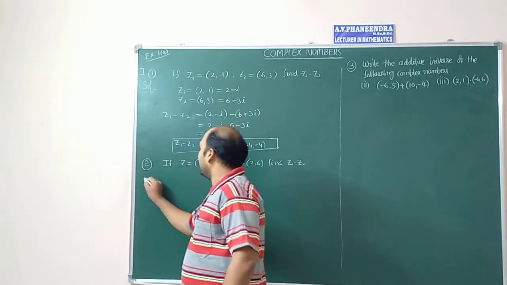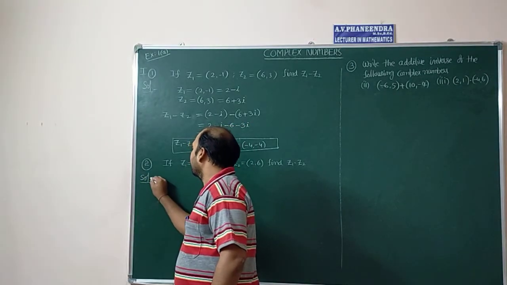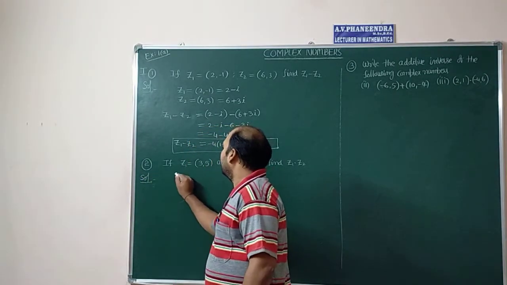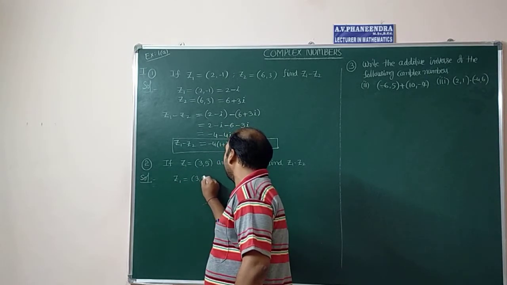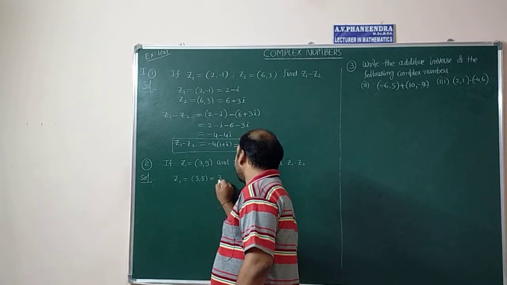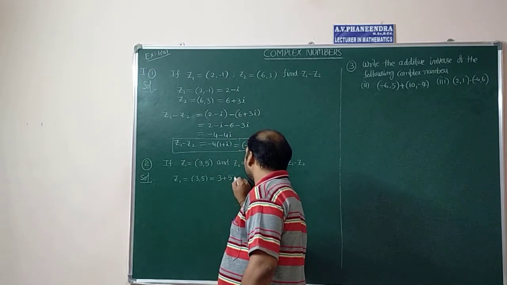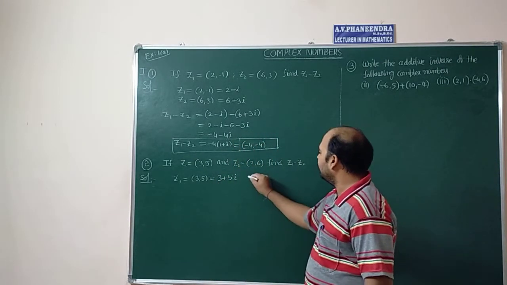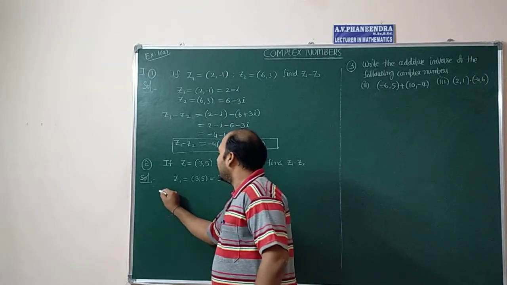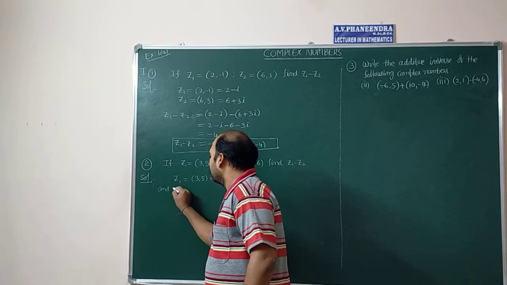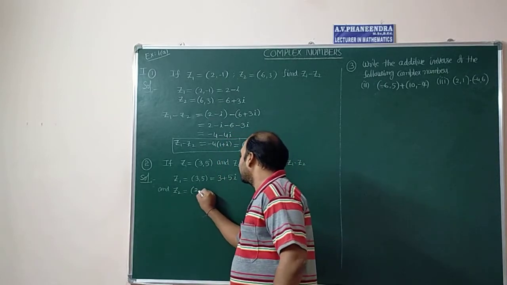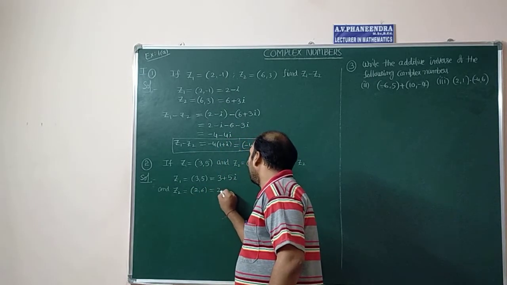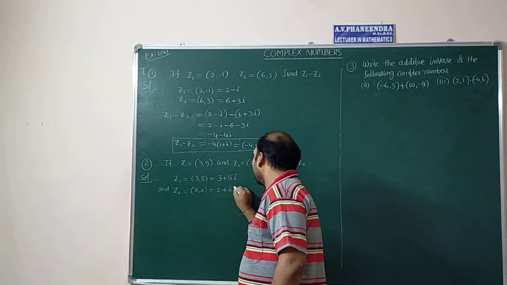Come to the second problem. Given z1 is equal to 3 comma 5, that we can write as 3 plus 5i, and z2 equal to 2 comma 6 is equal to 2 plus 6i.